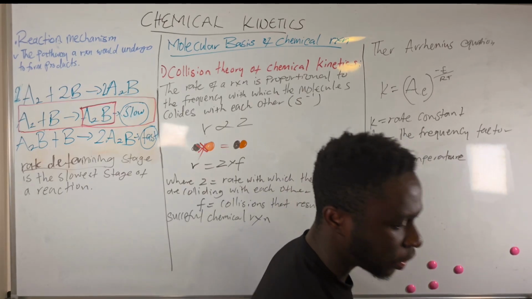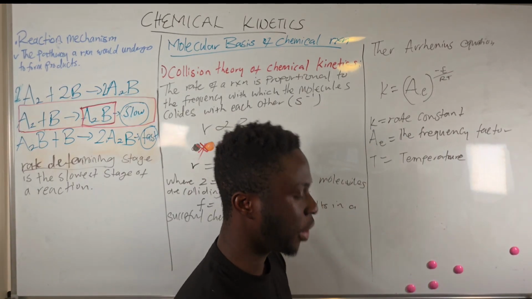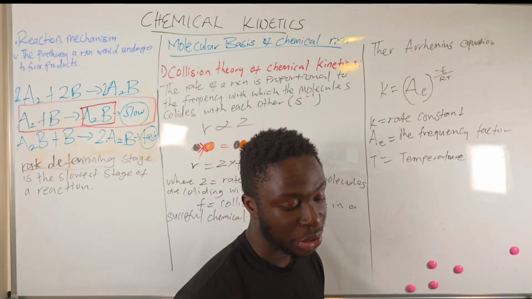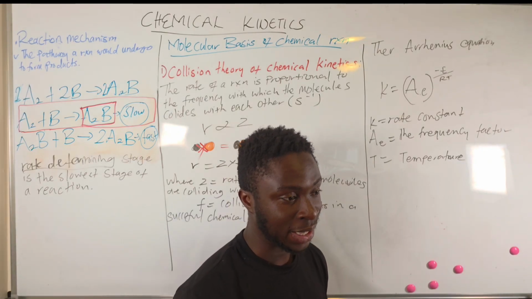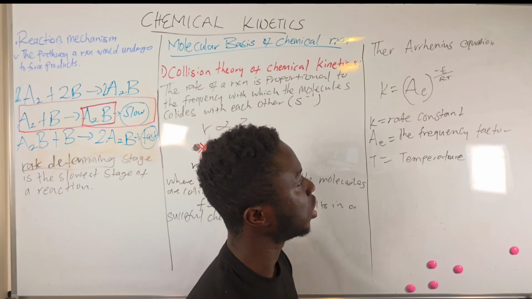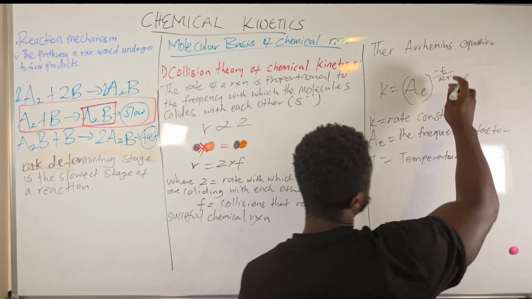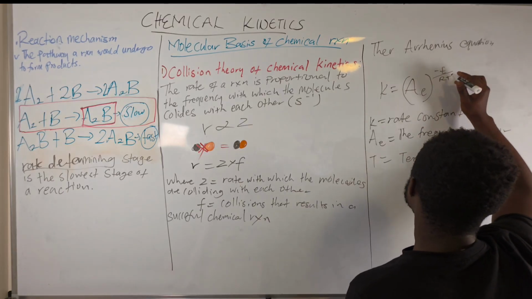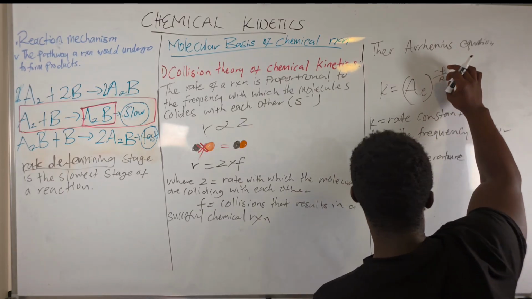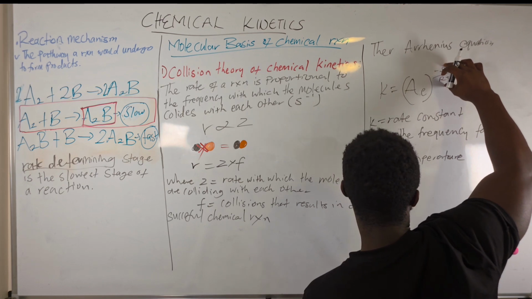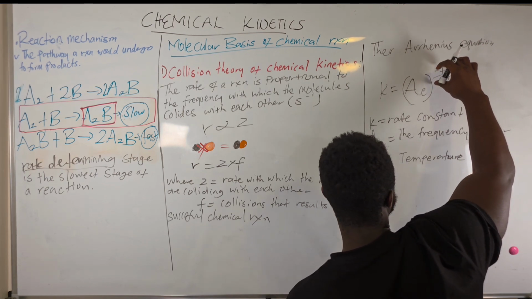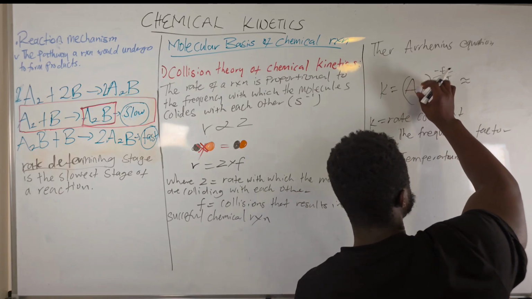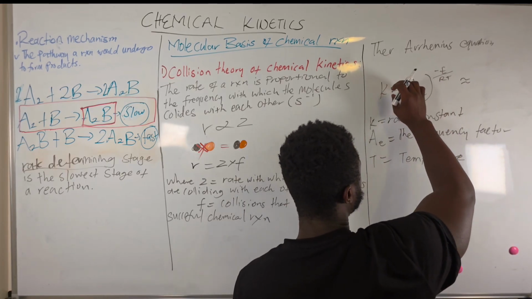Now, under normal circumstances, using common sense, you know that if we increase the temperature in a system, we will eventually end up increasing the rate of reaction, because the molecules are gaining more kinetic energy as we increase the temperature. But over here, in this equation, if we increase the temperature, we are going to have a much smaller value over here, and that would in turn mean a smaller Ea over k.